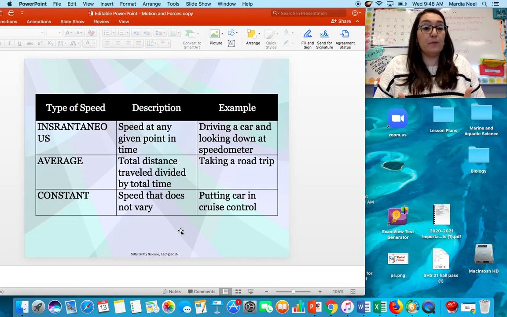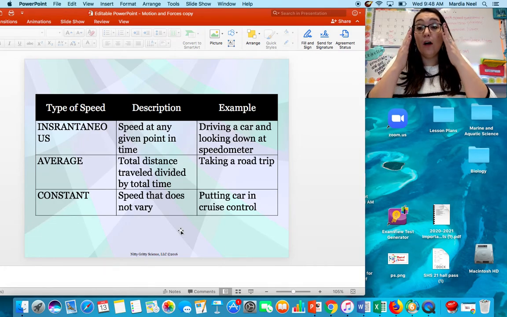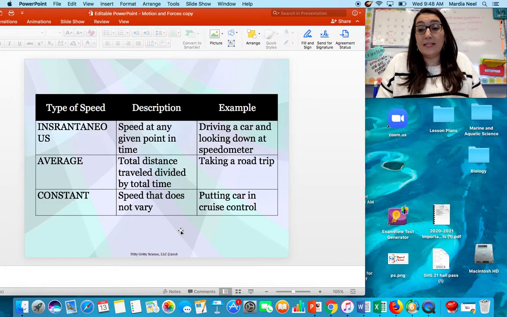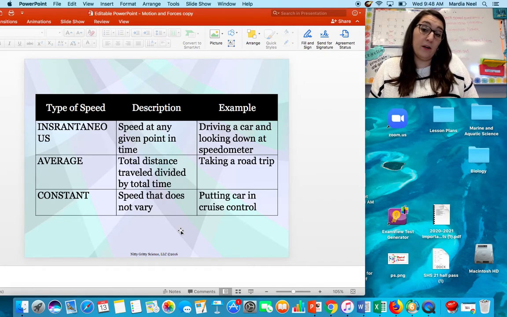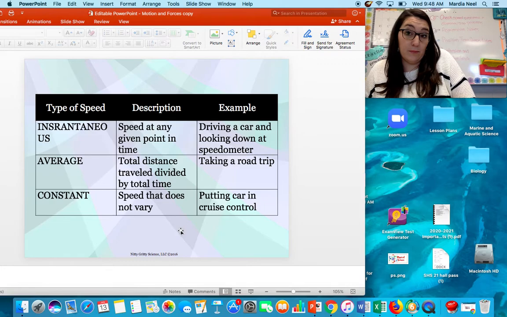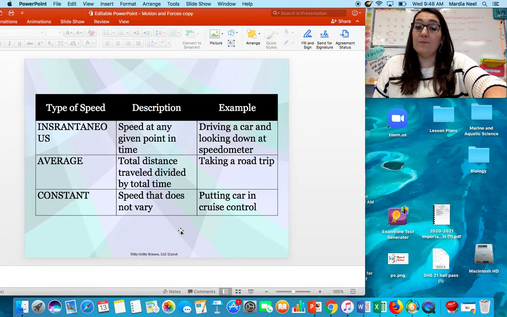So when we use the formula, we get average speed. If you went 60 miles in 1 hour, you could have gone 75 miles an hour for part of the trip, and then 2 miles per hour for part of the trip, and then 100 miles per hour for part of the trip, and it averaged out to that 60. That's our average.